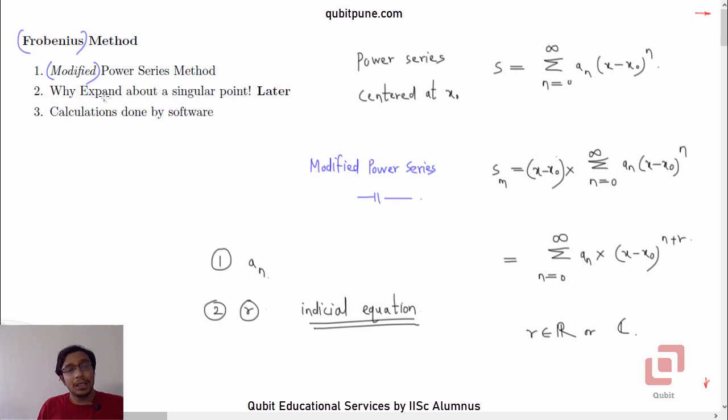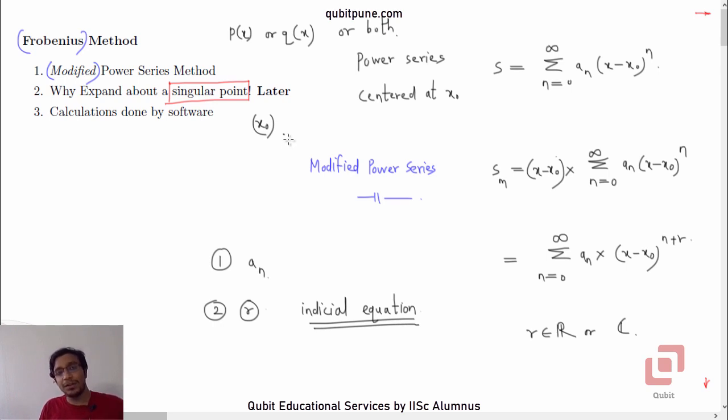Now in the Frobenius method, we expand the power series not about a point where the function is analytic, but about a singular point, which means either p of x or q of x or both will not be analytic at that particular point, x naught.